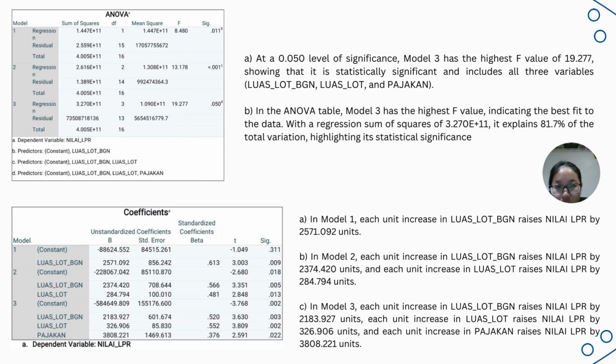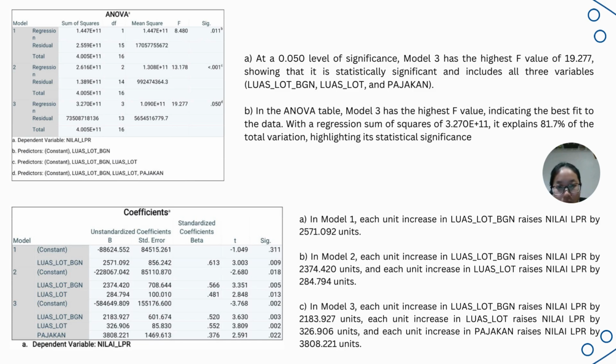In the ANOVA table, model 3 has the highest F value, indicating the best fit to the data. With a regression sum of squares of 3.270 e plus 11, it explains 81.7% of the total variation, highlighting its statistical significance.